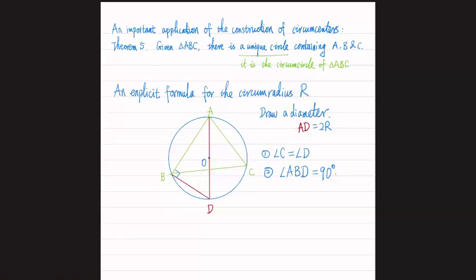Aaron, any guesses why this must be 90 degrees? Perpendicular bisector. So which is perpendicular to which? Which is the bisector of which? AB bisects BD. No, they are not.